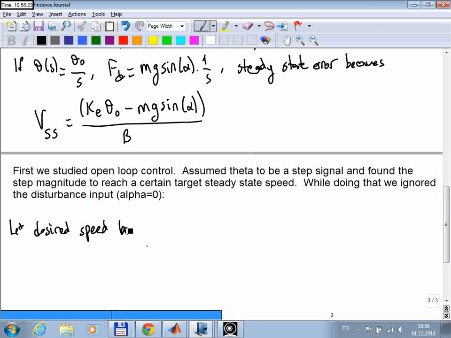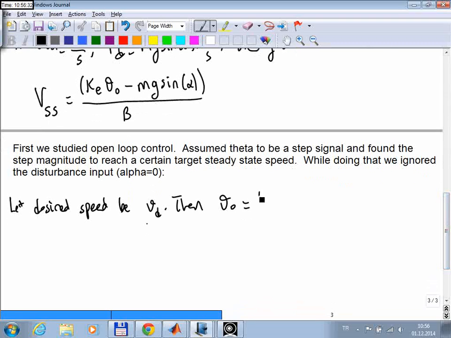So let the desired speed be Vd. Then from here we said that the gas pedal input magnitude should be equal to b times Vd divided by Ke. Okay?